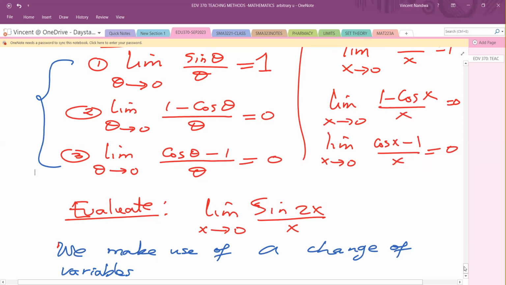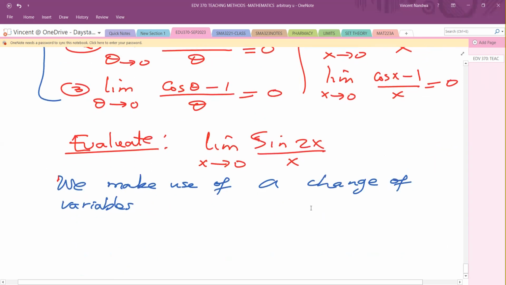So here, assuming singekuwa hapa na tu ningekuwa tuna x, jibu ingekuwa nini? Hii tu ingekuwa of sin x over x, jibu ingekuwa nini?